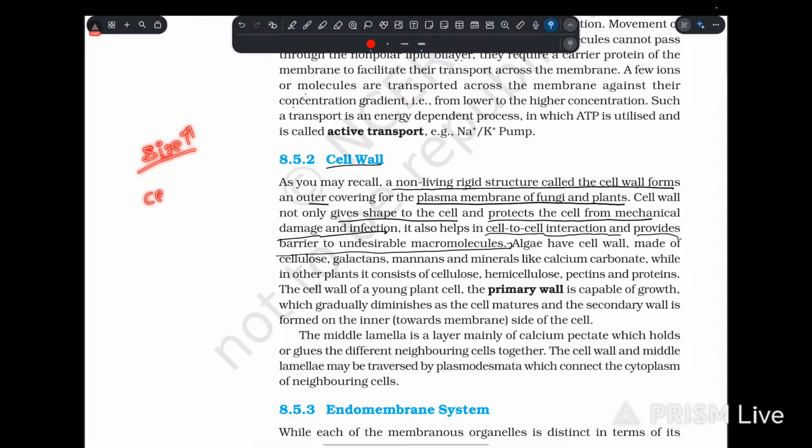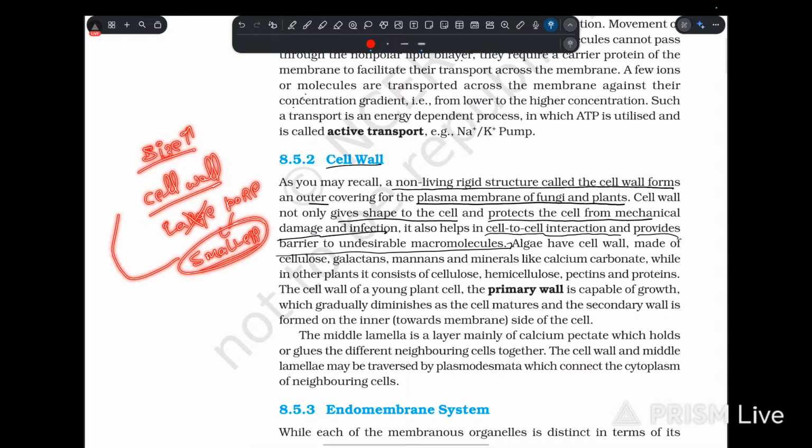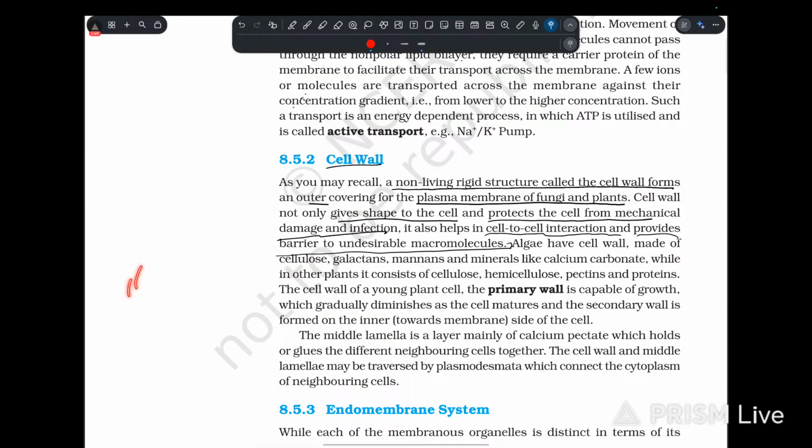The cell wall does not have large pores, it has smaller pores, so it is impossible for things with a big size to come inside the cell.